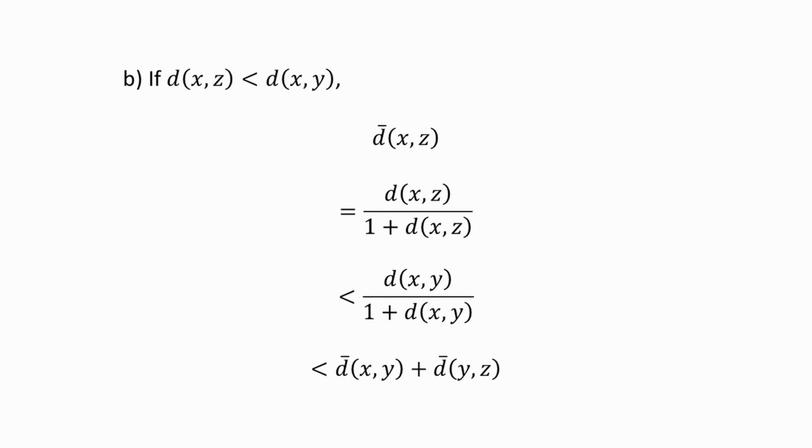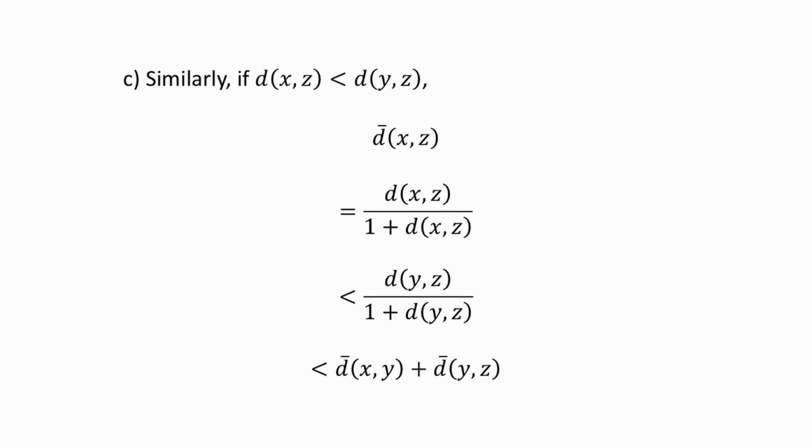And after we apply the definition of d bar, we'll get d bar of x and y, but obviously this is smaller than d bar of x and y plus any positive numbers. And so in this case, d bar of x and z is smaller than d bar of x and y plus d bar of y and z.